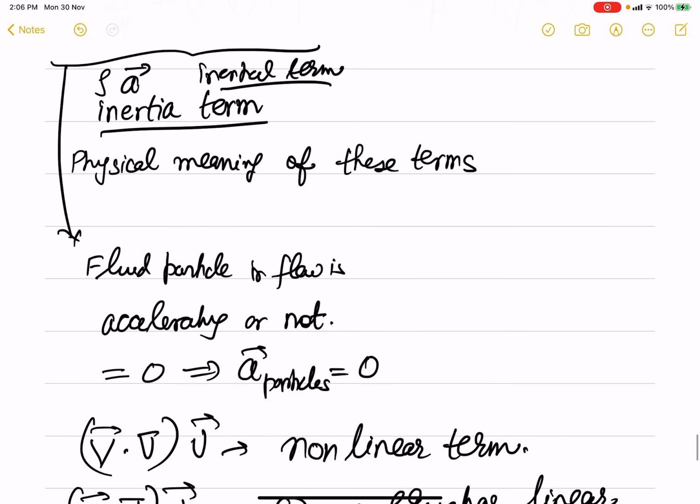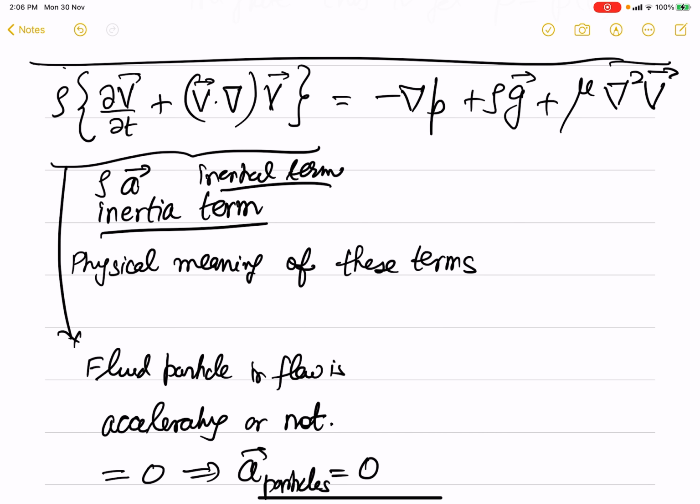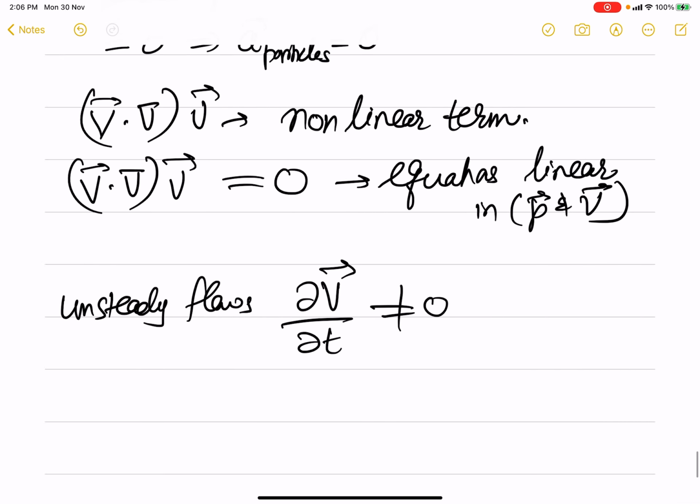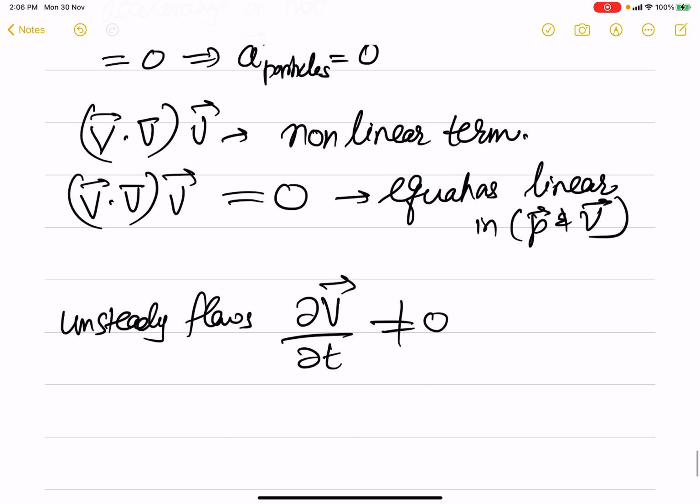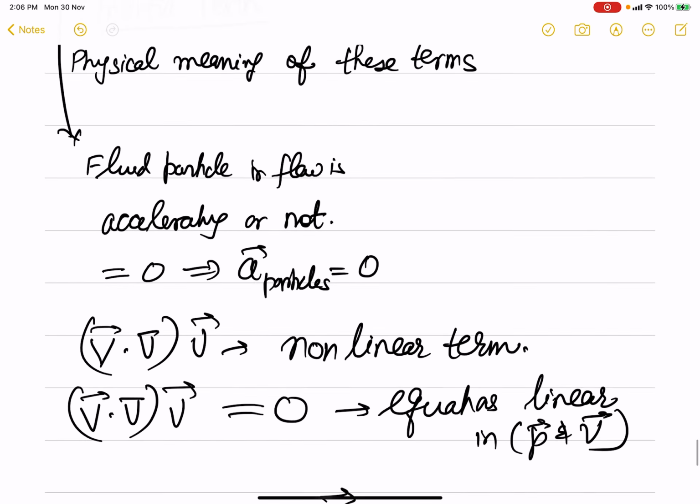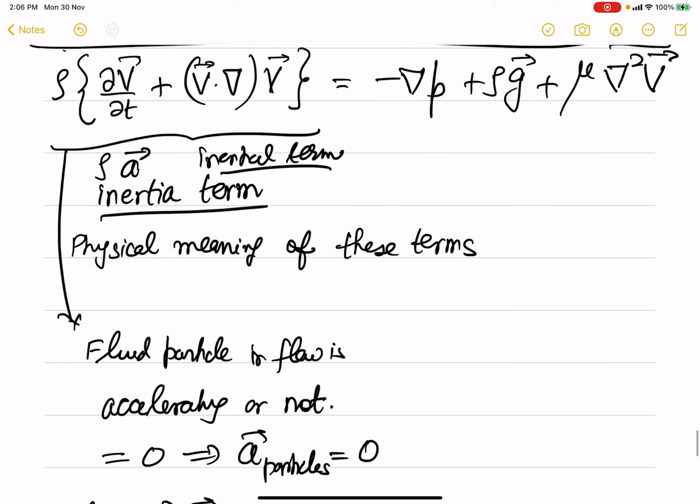In all these flows, and most of the flows where we get exact simple solutions, this term will be 0. Well, I made a small mistake in the rotating cylinder case. This term was not 0. The pressure was a function of rho v theta square by r. So I stand corrected there. So when this term is 0, that means particles are not accelerating.